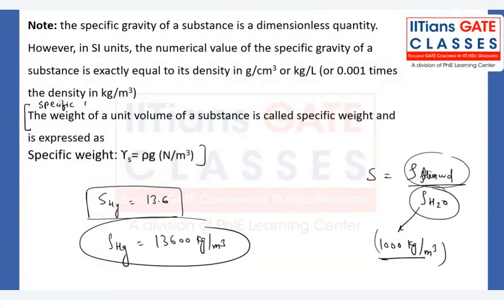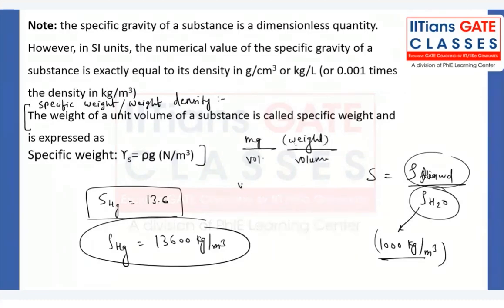It is weight per unit volume, right? Weight is what? mg per unit volume. Mass is volume into density, and divided by volume, this will cancel out. So rho g.